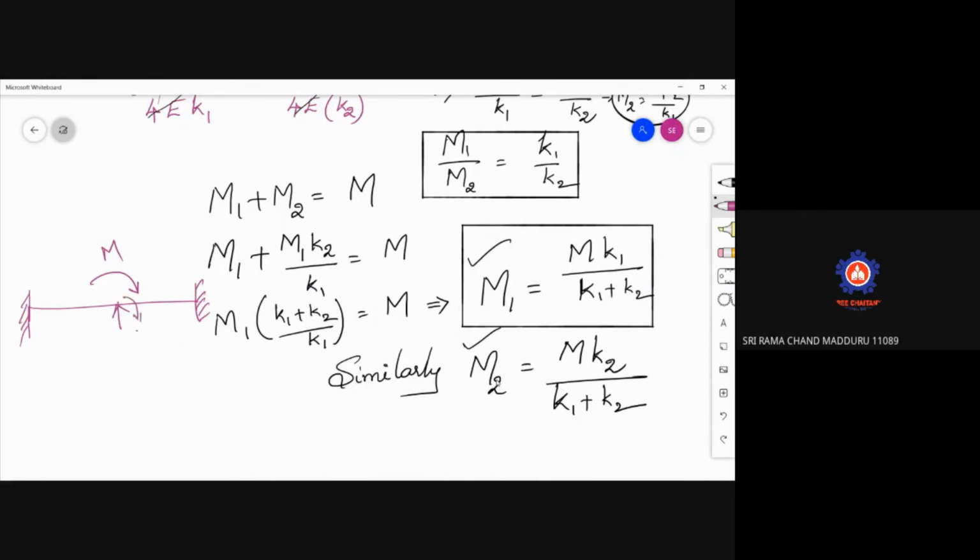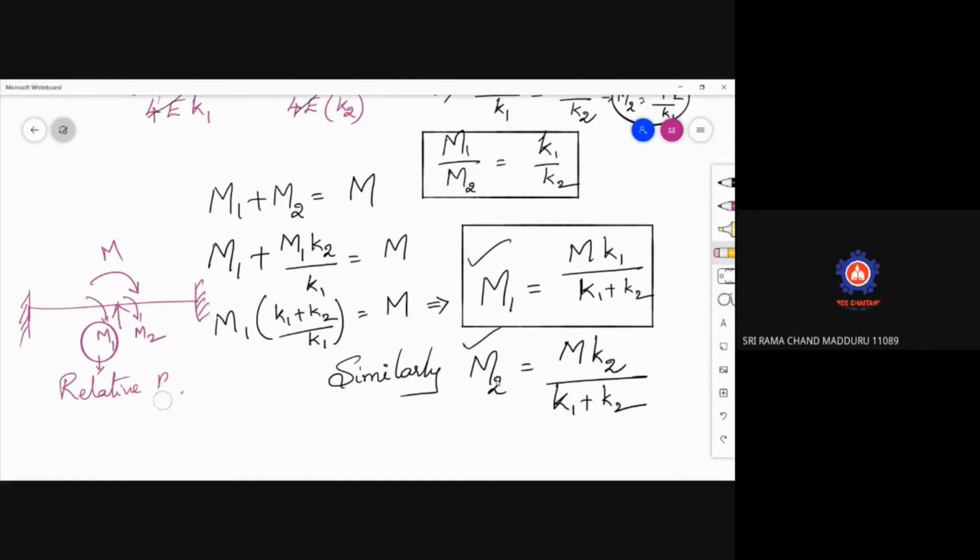We consider this as M2 and this as M1, and M1 depends upon the relative stiffness of the member. So the distribution of the moment depends upon the relative stiffness of the members.